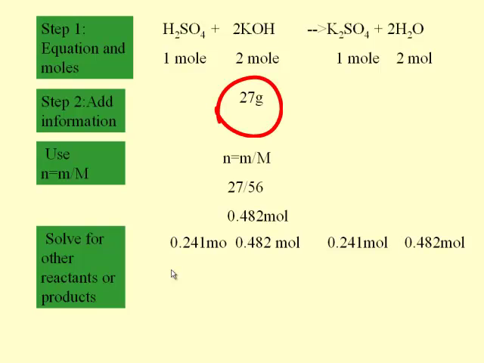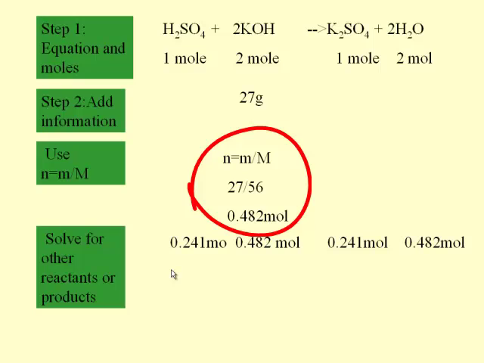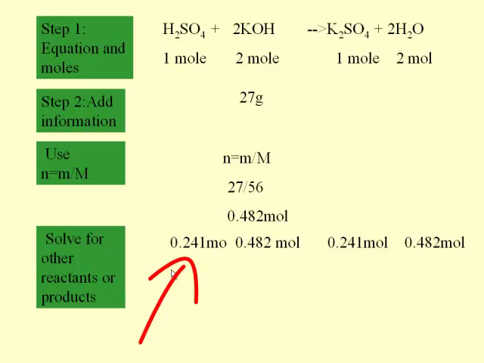We're given 27 grams. To a chemist, 27 grams is meaningless. It has to be turned into what? Moles. We've done that. Now that we know there's 0.482 moles of potassium hydroxide, we know from that equation there has to be 0.241 moles of sulfuric acid reacting, 0.241 moles of potassium sulfate produced, and 0.482 moles.